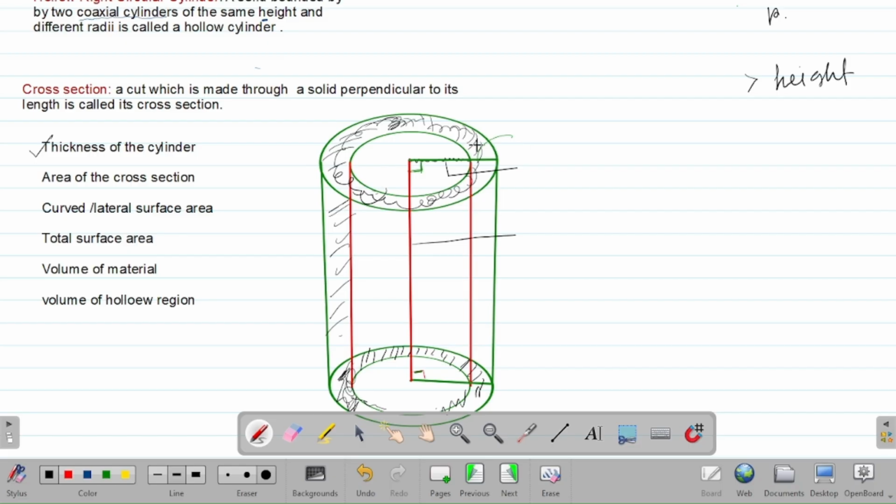Therefore, we can say the thickness of the cylinder is equal to R minus r units, capital R minus small r. That means the distance between R and this distance r. That's why the thickness would be this area.